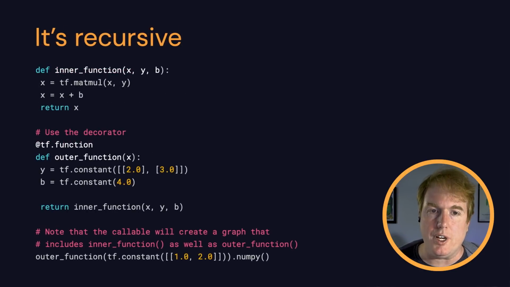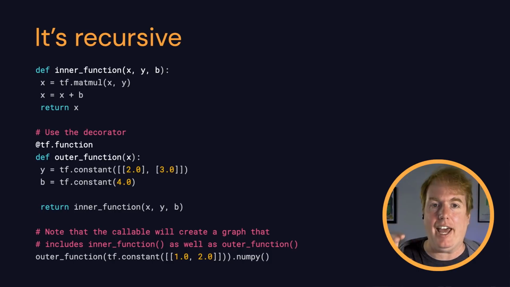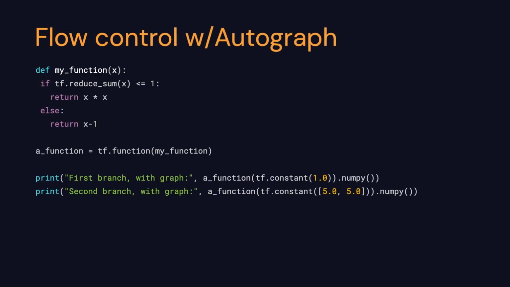tf.function recursively traces any Python function that it calls. So if you have some outer function that calls some inner function, when you wrap the outer function in tf.function, and here we're actually using the decorator instead of calling it directly, you can see the little @tf.function, that means the inner function just gets pulled in with the outer function and turned into a complete graph all by itself. You might ask yourself, what about flow control?